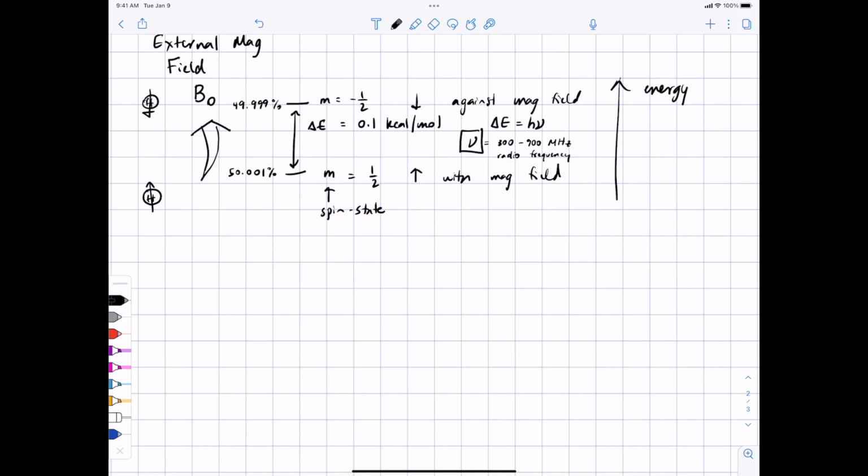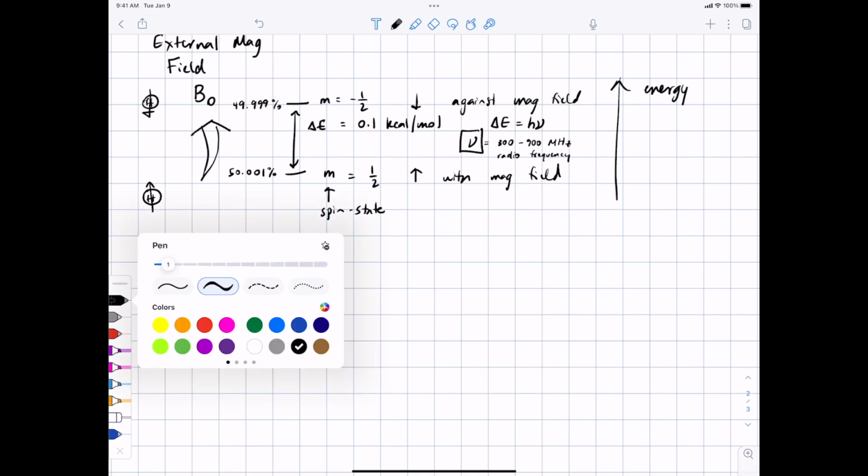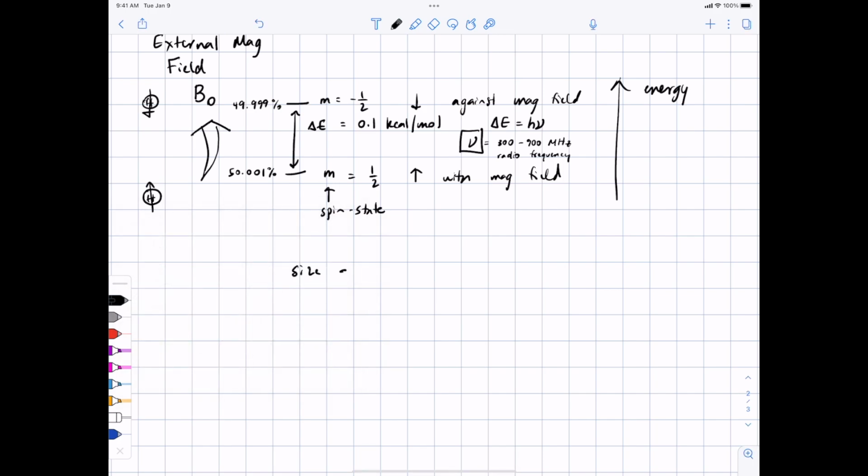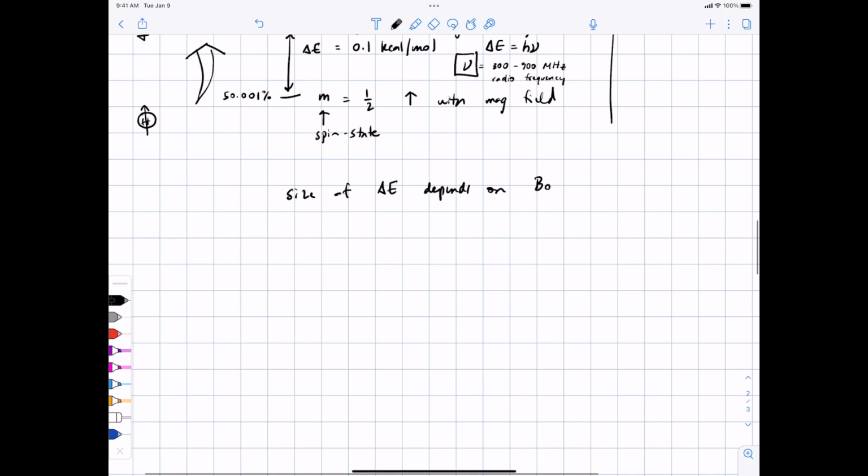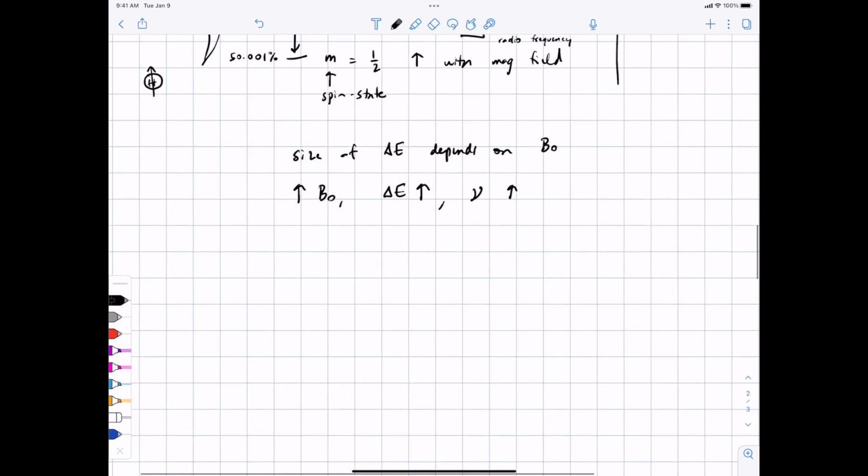All right, the size of this energy difference depends on the strength of the external magnetic field. If the magnetic field is higher, the energy difference is higher, and therefore the frequency at which a proton absorbs is higher. The magnetic fields that are used on some of the instruments downstairs have a field strength of 14.1 Tesla.